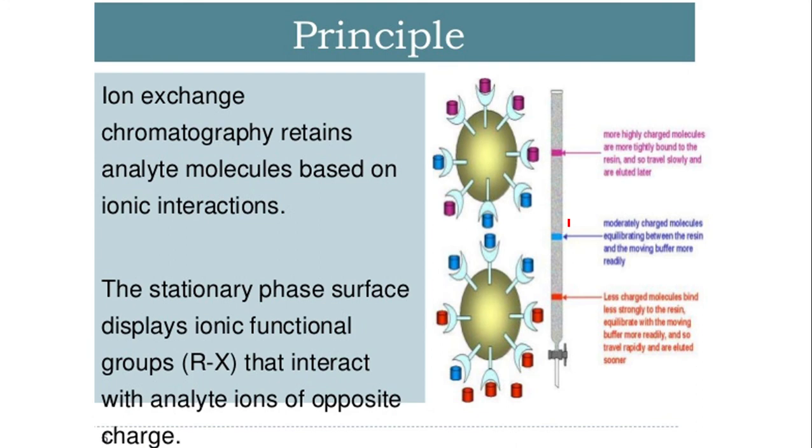You see, more highly charged molecules are more tightly bound to the resin and so travel slowly, while moderately charged molecules equilibrate between the resin and the moving buffer, while less charged molecules bind less strongly to the resin and equilibrate with the moving buffer more readily, and so they travel rapidly and are eluted sooner.